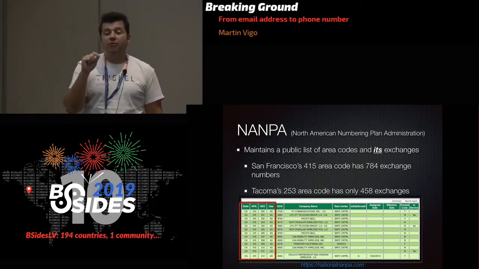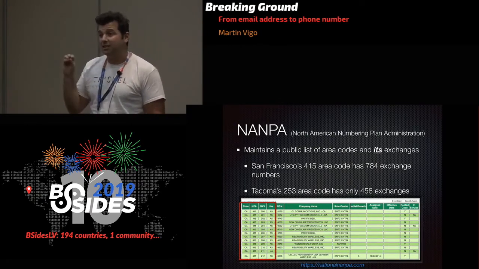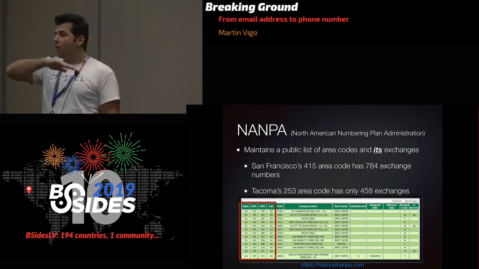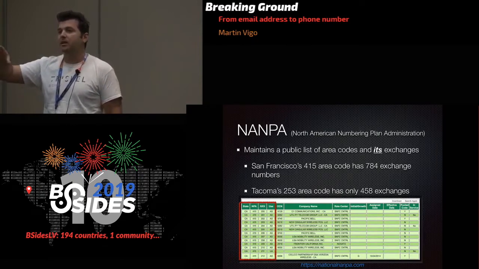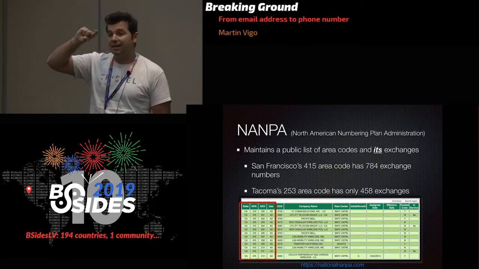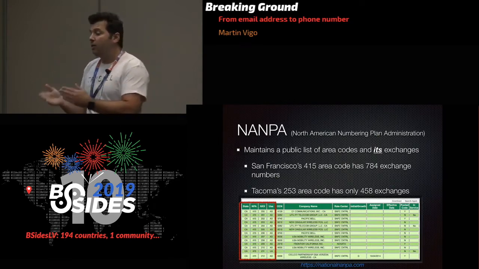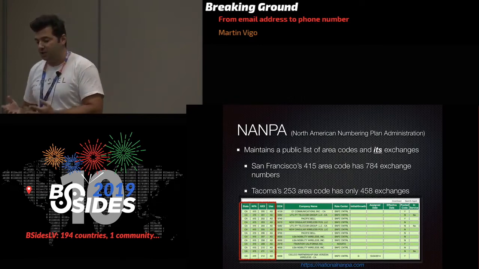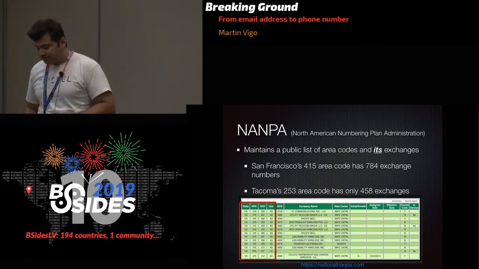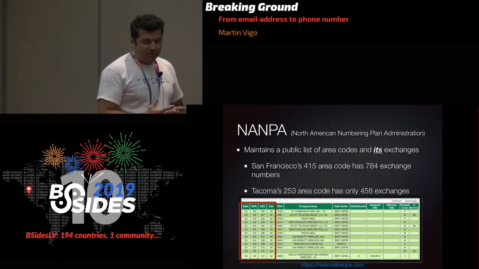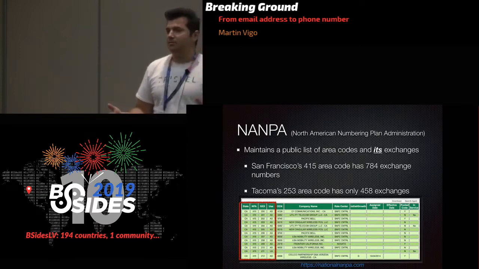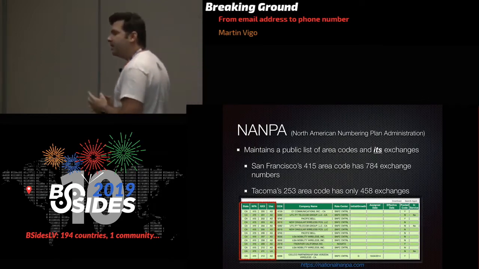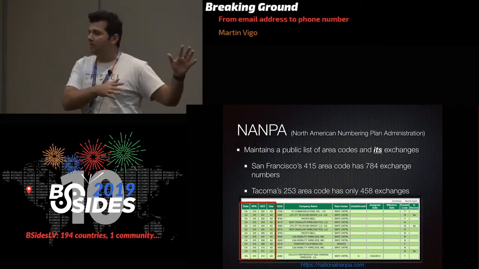It only has 458 exchanges assigned to the 253 area code. That means we got rid of over half the possible numbers that we had left, because we know the area code, so it can only be 458 possible exchanges. And this is all public. So we reduced from 10 billion possible numbers, for someone you don't know any digit of, to only 458 just by using an email and publicly available data.